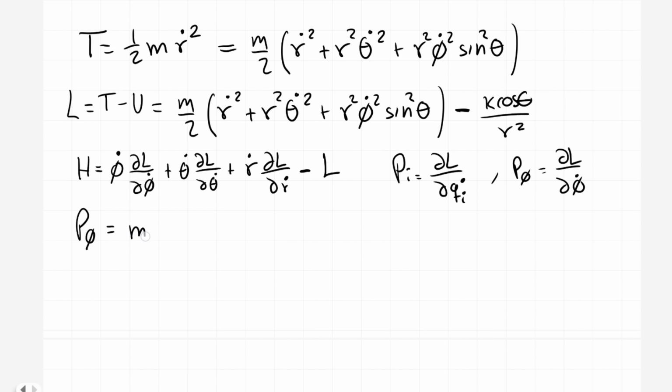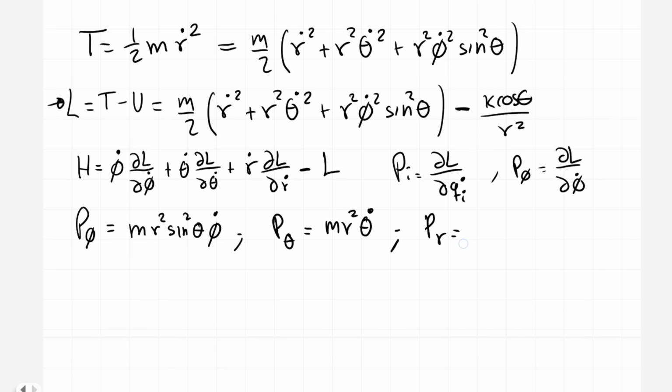It is m r squared sine squared theta phi dot, taking the derivative of this Lagrangian, of course. Then p theta will be m r squared theta dot, and then p r will be just m r dot.